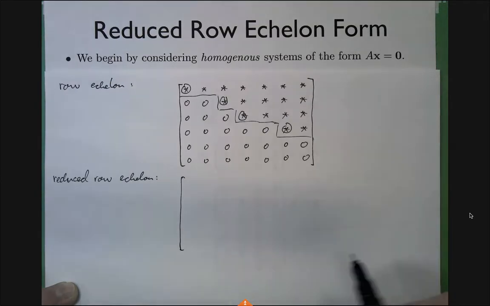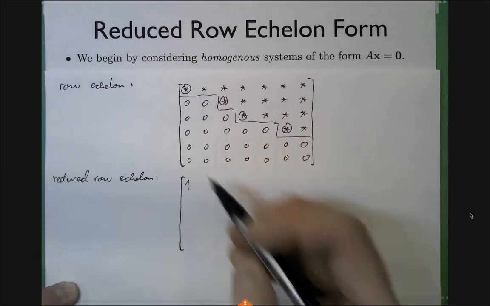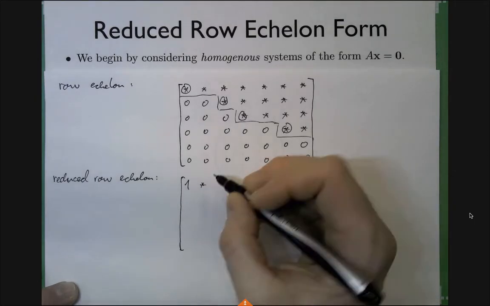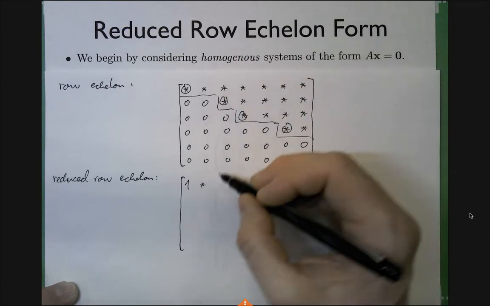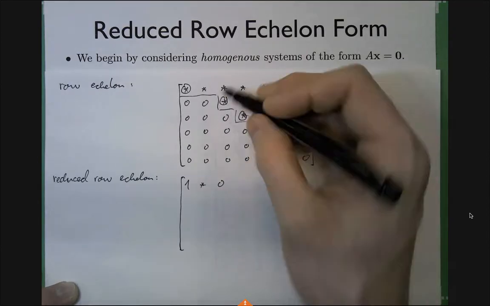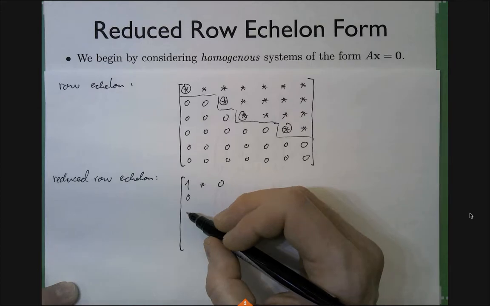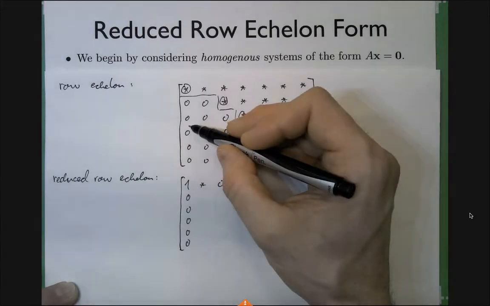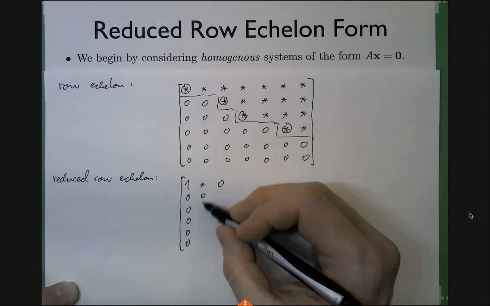So I can make this first pivot 1, because I said it must be non-zero, so I can just divide by it, right, and get 1. And everywhere above the other pivots, I can just get zeros, okay? So maybe, you know what, let me do it column by column. It will probably make a lot of sense. Did I get the right number? Yes, that's the right number. So here were zeros, right?